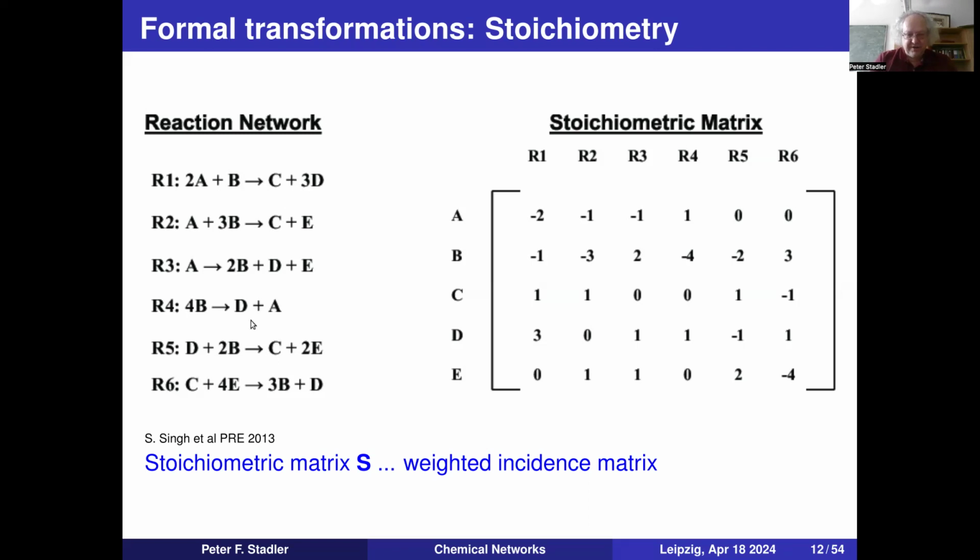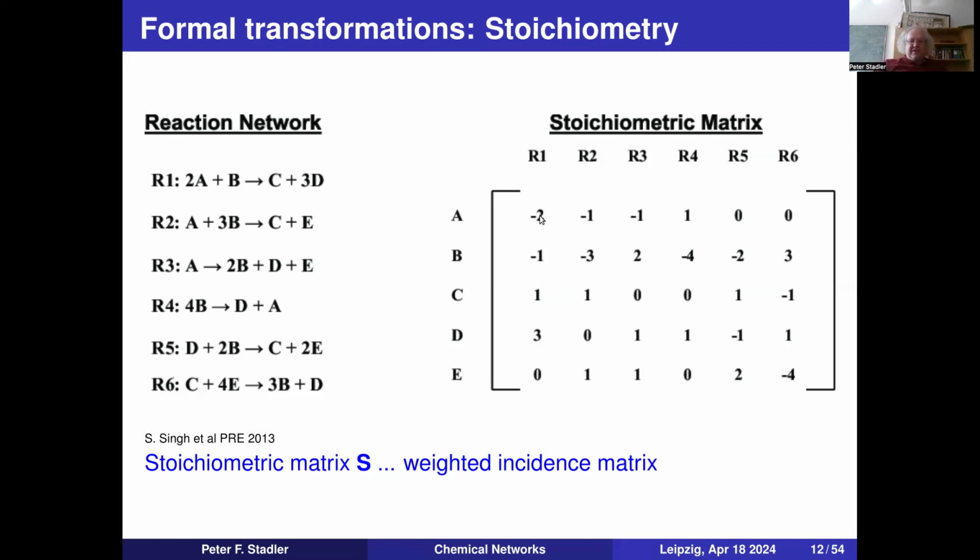Every reaction in our system is one of these transformation rules, and one can write these reaction systems in terms of a so-called stoichiometric matrix, which is simply just the coefficients.